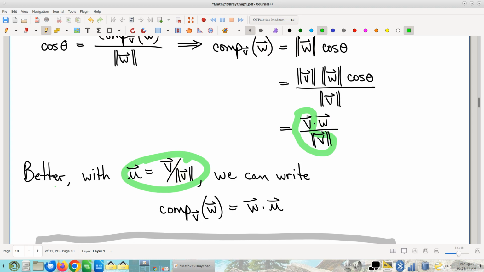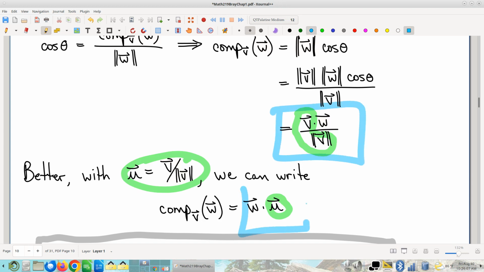And so, yes, you can think of the formula as w dot the direction vector divided by the magnitude of the direction vector, but that doesn't really roll off the tongue so well. You know, that's kind of clunky. I think it's much more natural just to rewrite it as component is dot product with a unit vector.